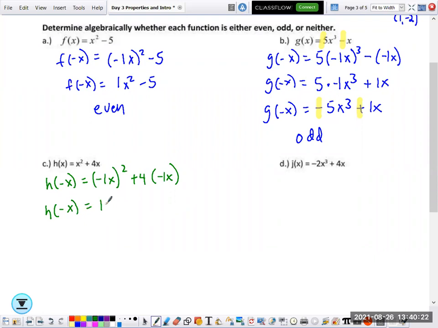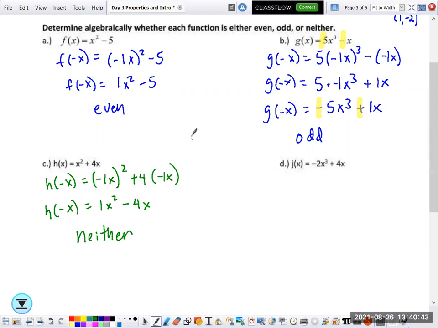Negative 1 squared is 1. x squared is x squared. 4 times negative 1x is negative 4x. So Mrs. Strauss, what do I do if one term is the same, like I got x squared, but one term is opposite? Well, that means that this function is neither even nor odd.